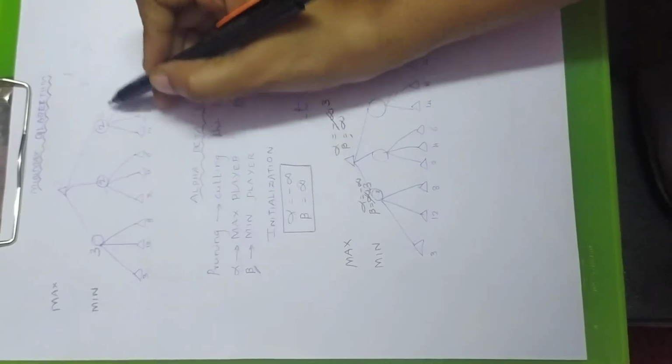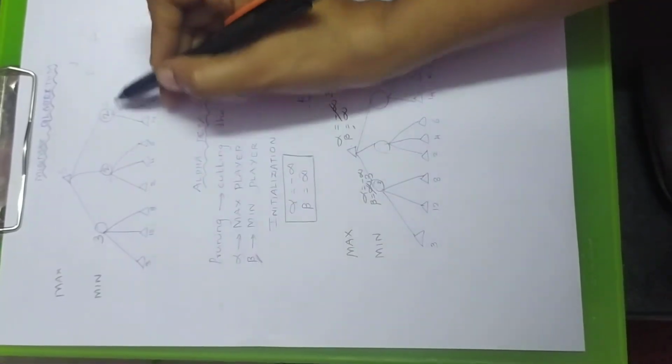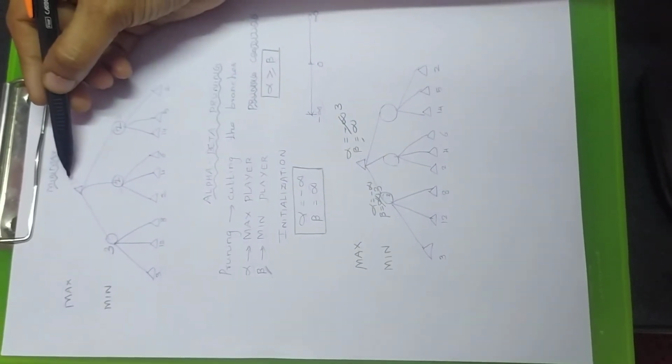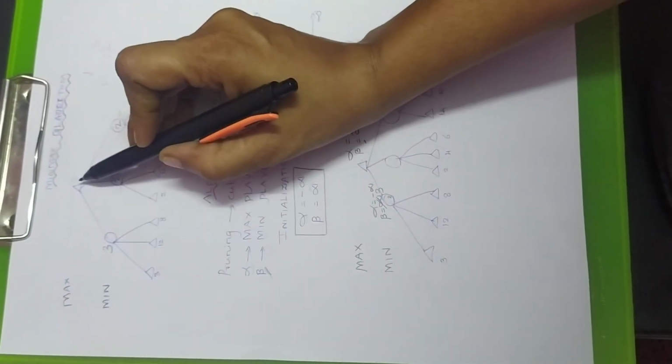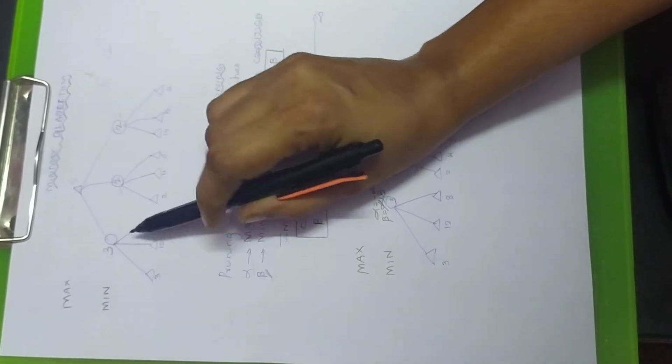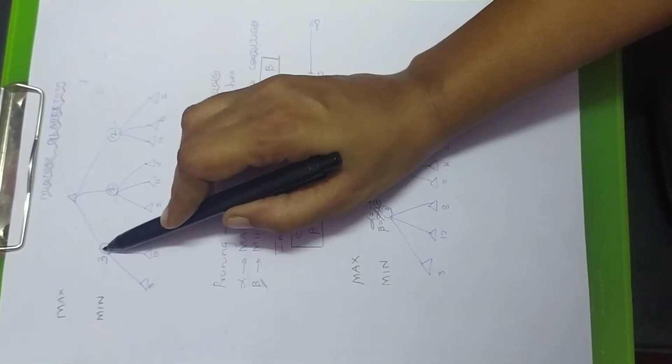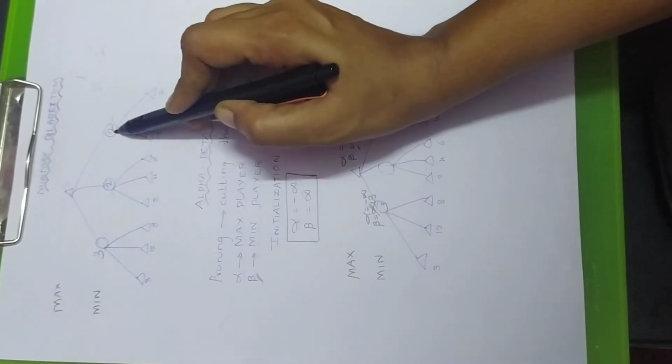So this is the choice of the min player. Next, the max player has to make a choice. The max player has to select the maximum value. At this level there are three values, 3, 2 and 2.